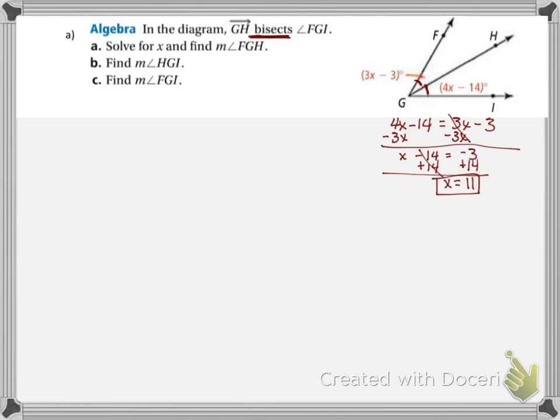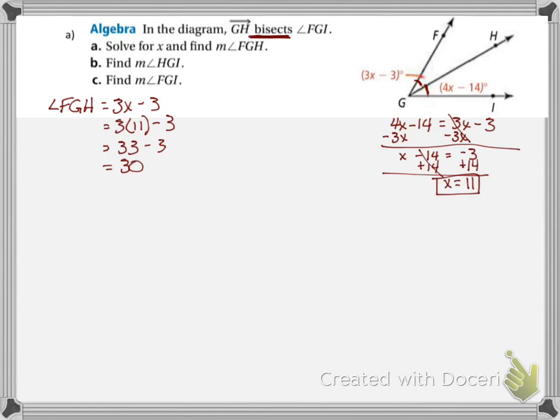Now it wants us to find the measure of angle, let's see, FGH. So angle FGH, and that is 3x minus 3. 3 times 11, since that's what we figured out x is. 33 minus 3, which equals 30.